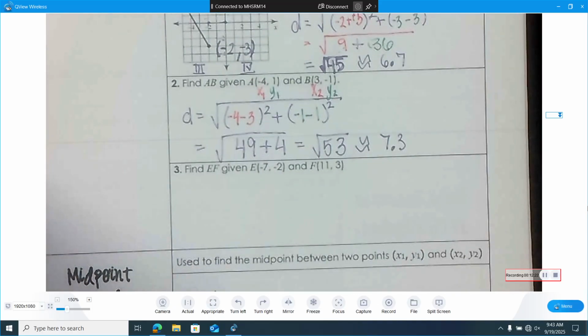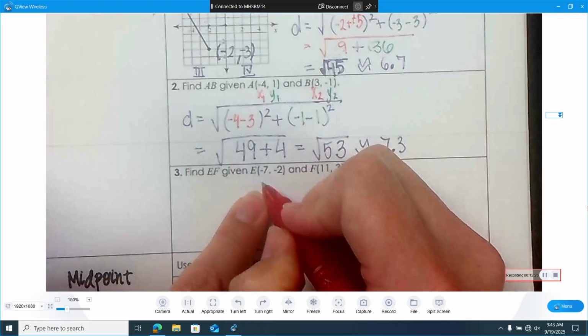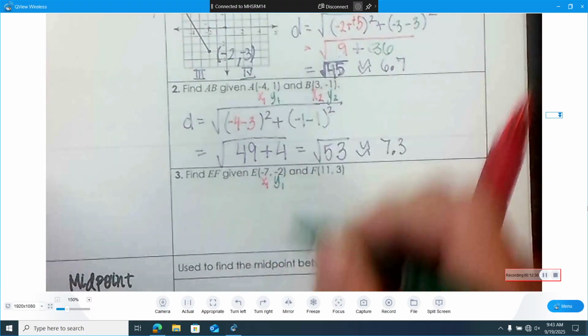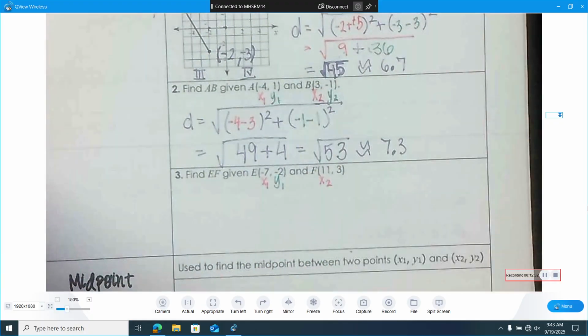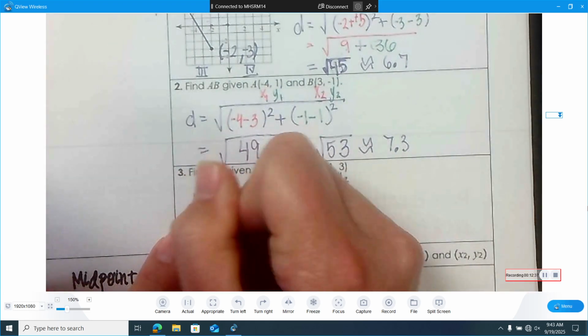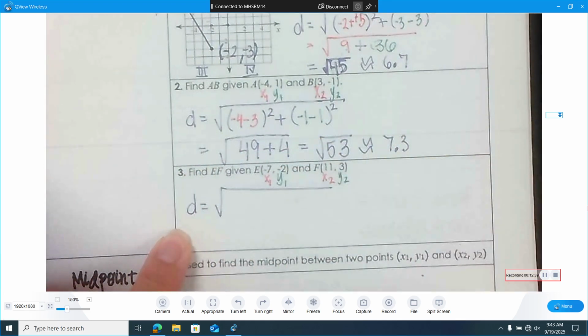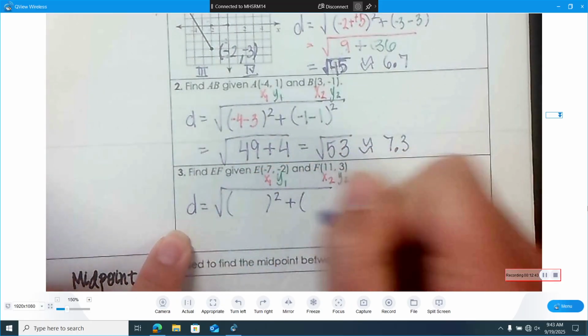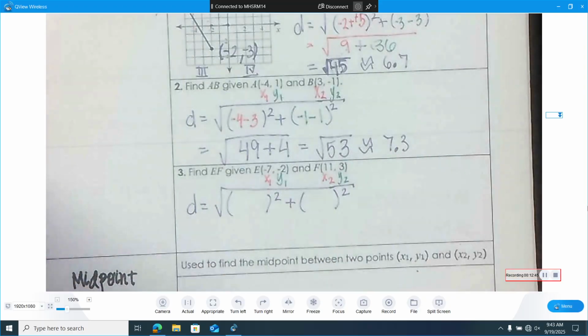All right, last one here. Using the distance formula, we have x1, y1, and x sub 2, y sub 2, and we're going to plug it into our formula. Again, I'm going to set it up, giant square root. We've got some bubble squared plus another bubble squared.